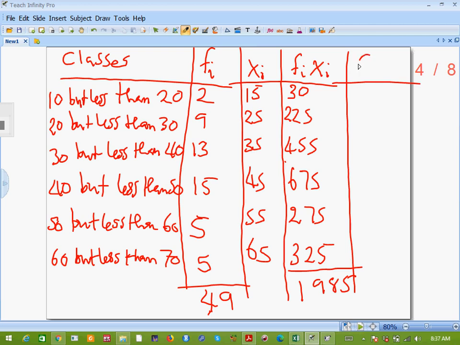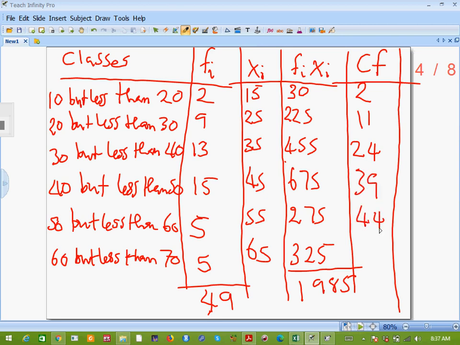So we therefore find the cumulative frequency. The cumulative frequency for the first class is 2, 11, 24, 39, 44, and finally 49.